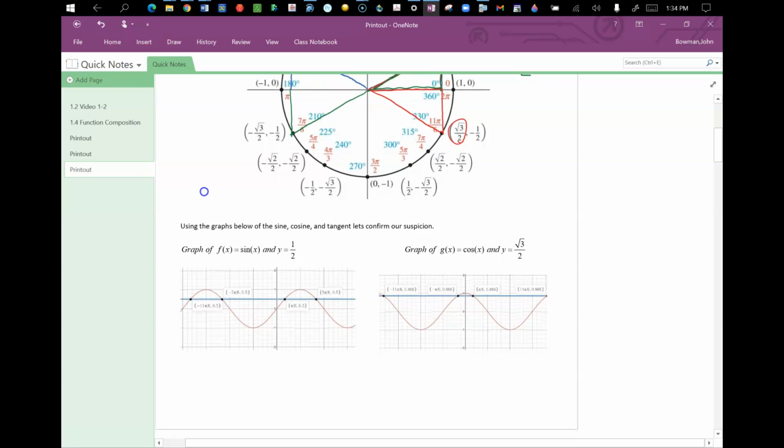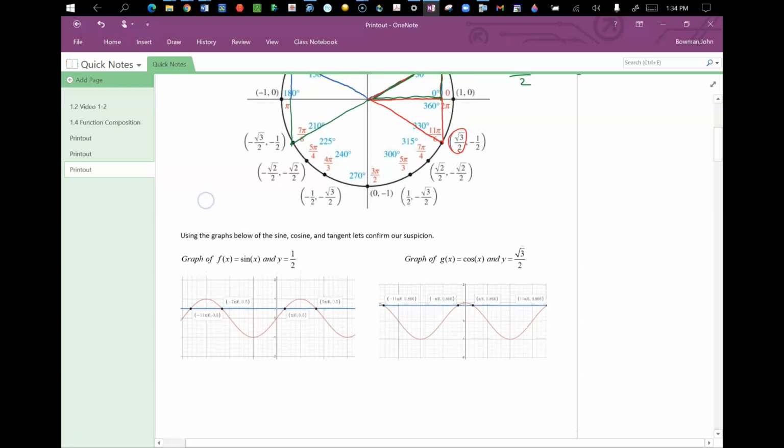And we can confirm that by looking at graphs of the sine, the cosine, and the tangent. You will see, for example, the sine is 1/2 at pi over 6, and 5 pi over 6, and negative 7 pi over 6, and negative 11 pi over 6.